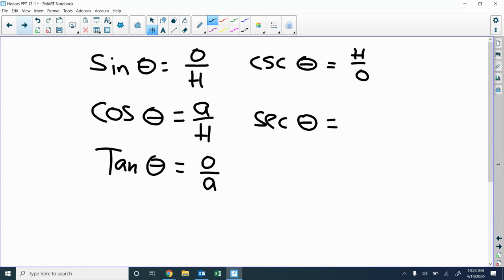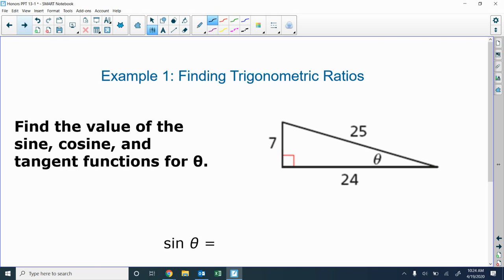Secant is equal to hypotenuse over adjacent. And cotangent is equal to adjacent over opposite. And there's your 6 trig values. So we're going to ask you to find those here. Just letting you digest that for a second.